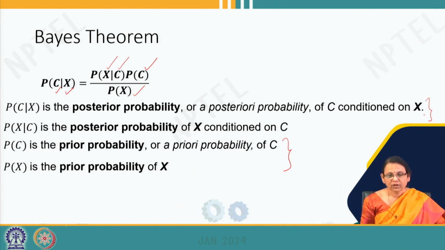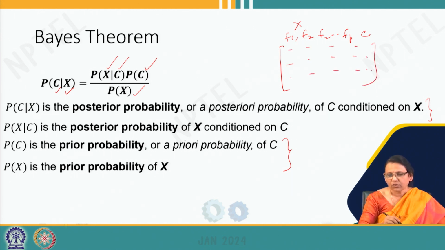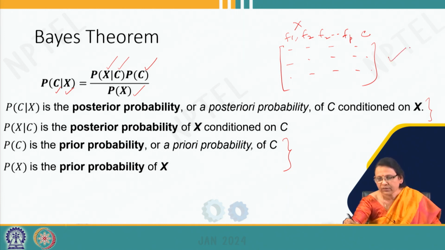To remind you how our data set is organized: there will be a set of features, which we call X here, and there will be a class variable or a response variable, and there will be a number of records. The problem in a recommender system is that we have to build a Bayesian classifier given this data set.